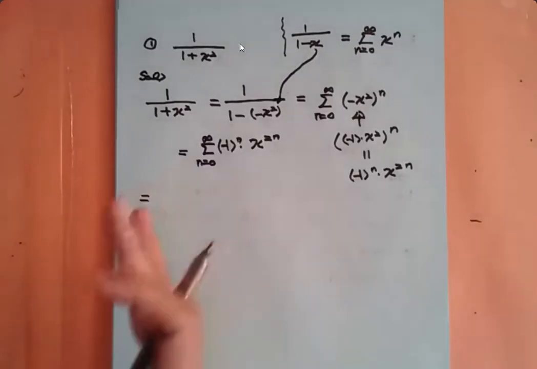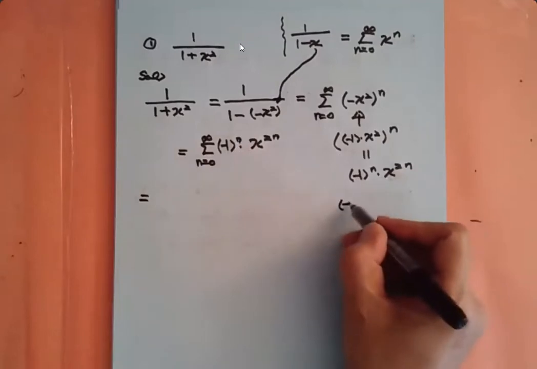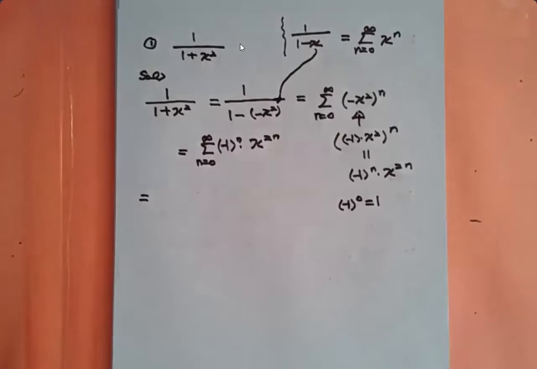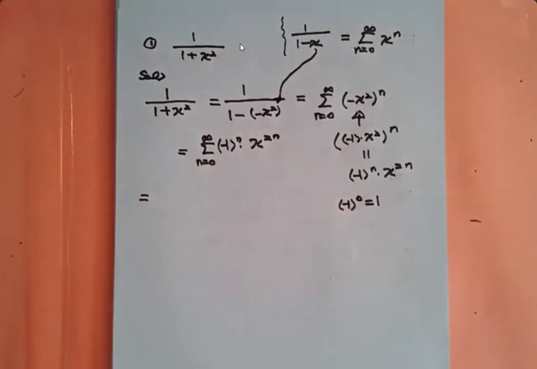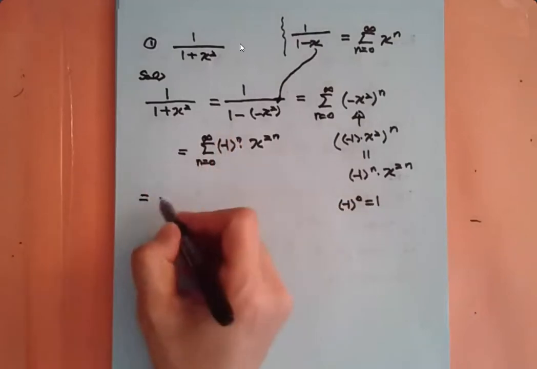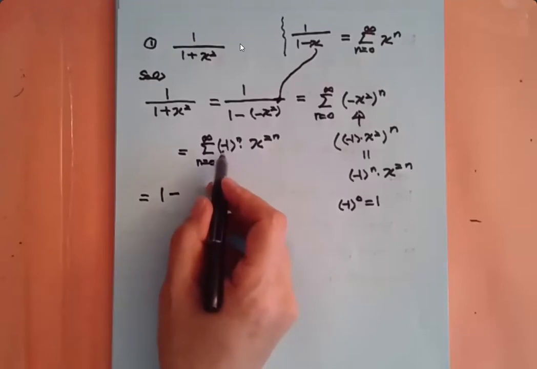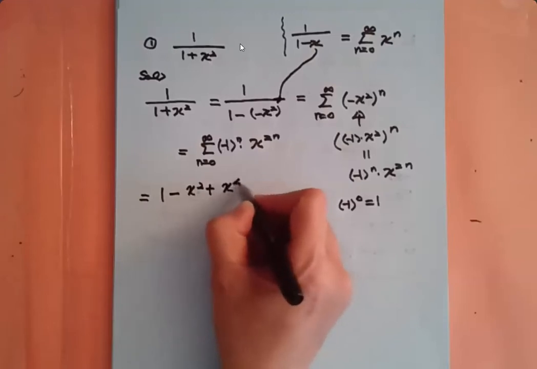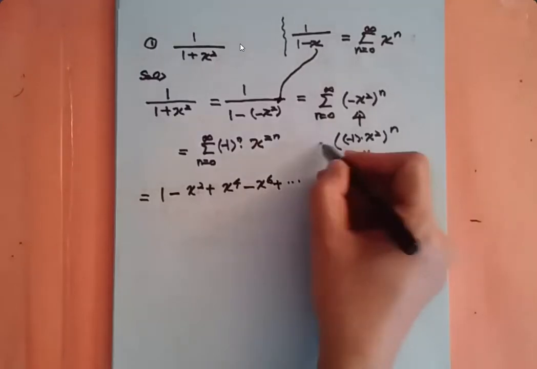When n equals 0, negative 1 to the 0 power equals 1, so it starts with a positive number, and negative 1 to the n power makes the series alternating. The first term is 1. When n equals 1, this is negative x squared, and then plus x to the 4th power minus x to the 6th power plus, and so on.